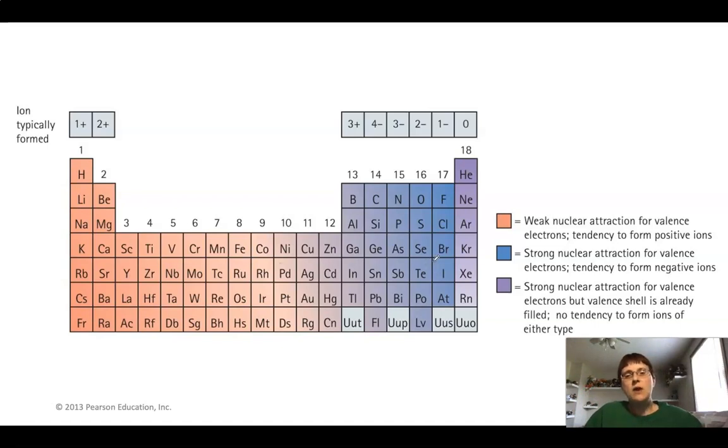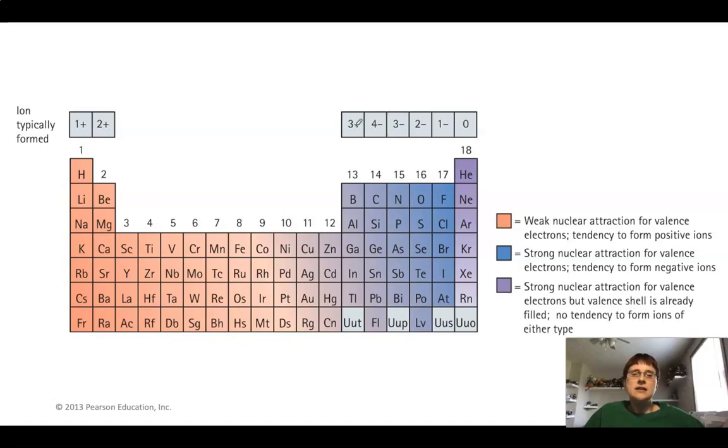As we come to the right, these guys are going to tend to make negative ions, just like I was showing you. So we've got fluorine and the other members of their group, the halogens, they're going to make negative ions. Like I said, the chalcogens, these guys like oxygen and so forth, will make -2 ions sometimes.